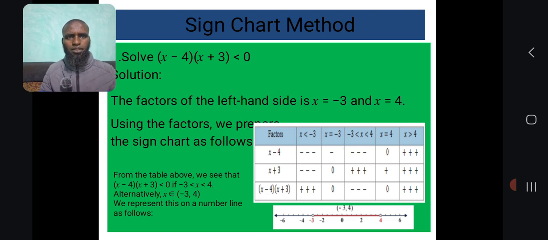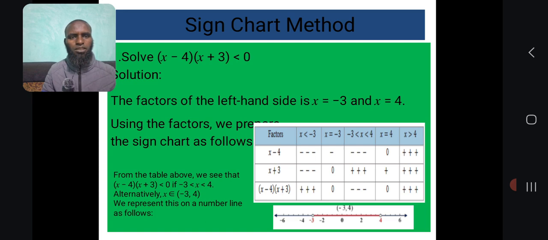Well, to solve this quadratic inequality using this method, we can see from the screen: solve (x minus 4) times (x plus 3) less than 0. As a solution, the factors of the left hand side are x equals minus 3 and x equals 4.